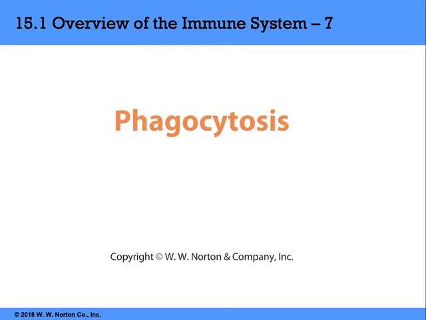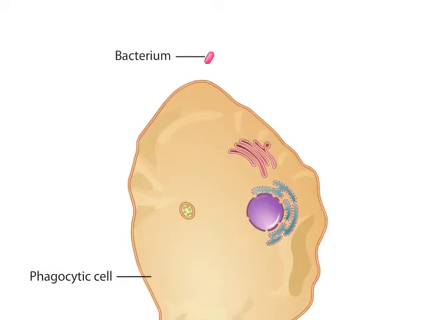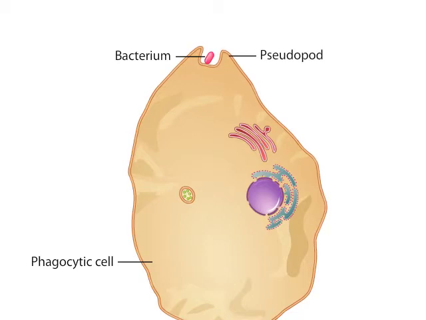So let's look at phagocytosis to get an idea how it works. Several types of cells in the immune system, neutrophils, macrophages, and dendritic cells, can engulf microbes by a process called phagocytosis. Here a bacterium binds to the surface of a phagocytic cell. The phagocyte extends pseudopods that engulf the bacterium.